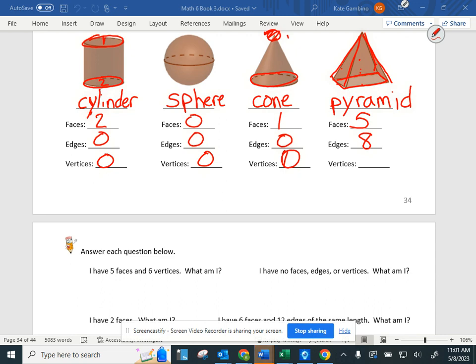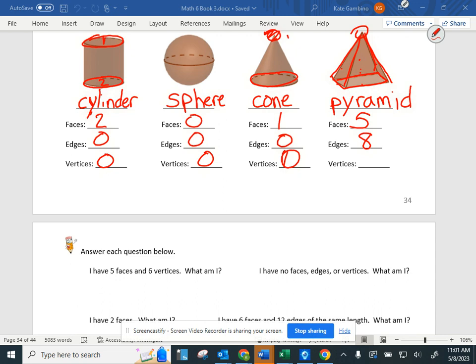The cone is not a vertex. It is the tip of the cone, but there's no flat plane meeting it. So that was my bad. There are no flat planes on the cone that meet up, so there is no vertex. But on our pyramid, we can count that as a vertex because it is a flat plane.